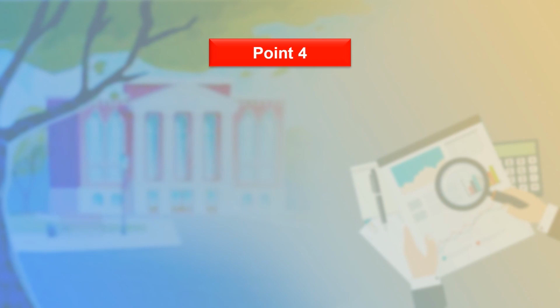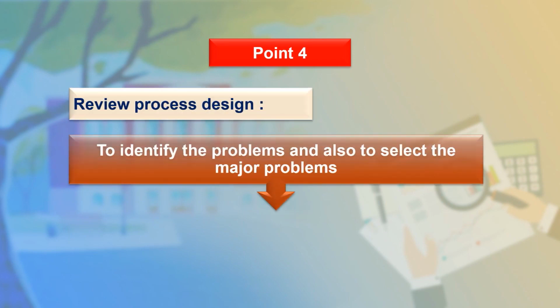Again, a department external review is a threefold process: a self-study of the department done by faculty in consultation with their departmental constituents, then an evaluation by an external review team, and finally, the external review report submission and response. So, point number 4 is review process design, to identify the problems and to select the major problems.